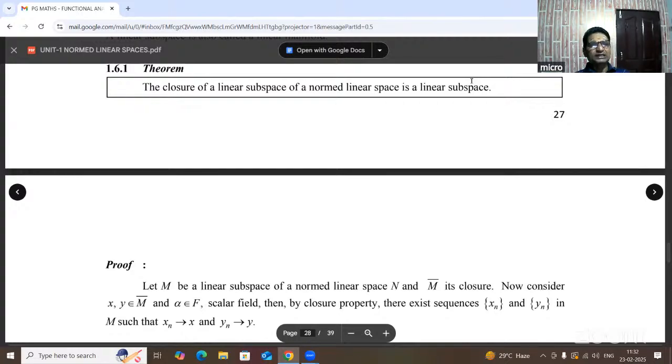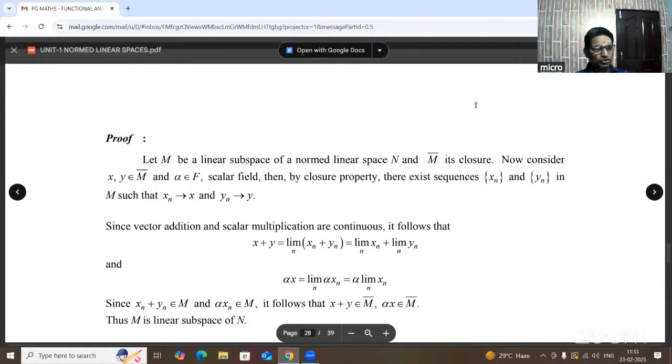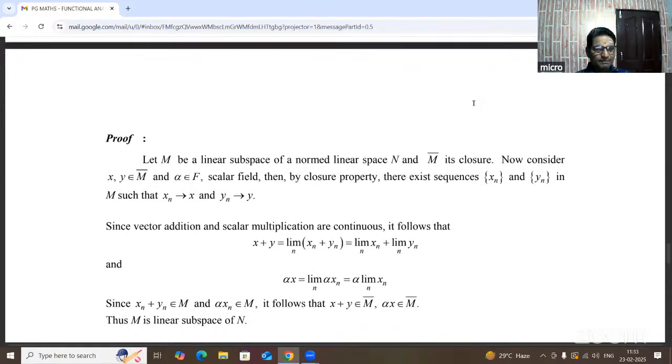That is for our reference. Okay, first of all, we take a normed linear space, and with N a normed linear space and M a linear subspace, then its closure is also a linear subspace. So this theorem is also very important. Please stay on the line.